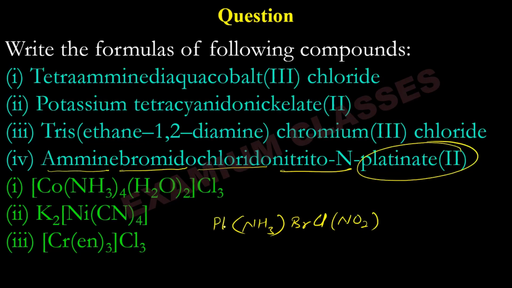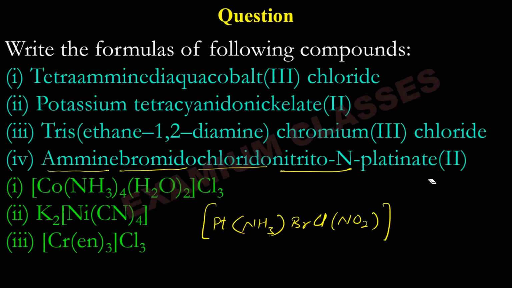So you will have Pt here. And now you should check the charge. How much charge should be there on the coordination entity? There are no counter ions given here. So if no counter ions are given, it means it is in ionic form, and it is an anion because 'ate' is there.